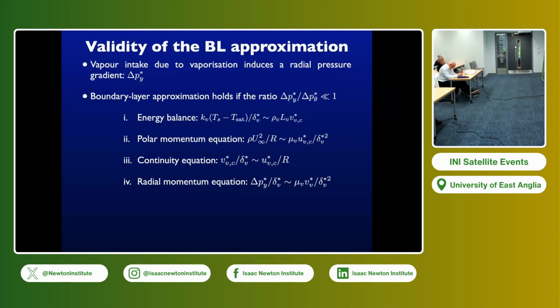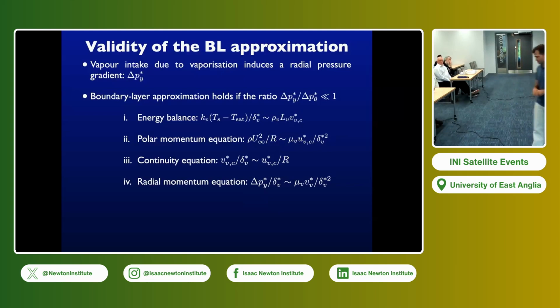So what we try to do is to estimate, just by balances at the interface, the radial pressure induced by vaporization. In the energy equation, I mentioned that we have three terms. The first term is the heat flux coming from the wall, which is employed to vaporize and to heat up the liquid.